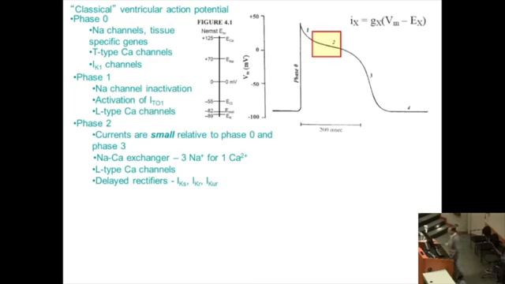The IKR, R stands for rapid. They activate more rapidly during this plateau phase. And the IKUR, UR stands for ultra-rapid. They activate more rapidly than the rapid ones, okay? And they're more common in atrial cells. I'll talk about that in a minute. The ultra-rapid are more common in atrial cells.